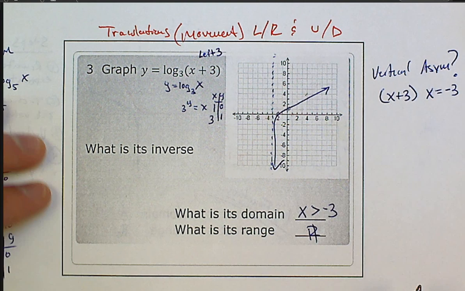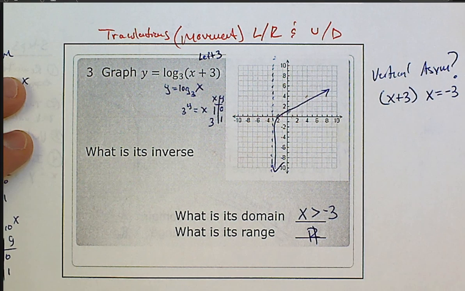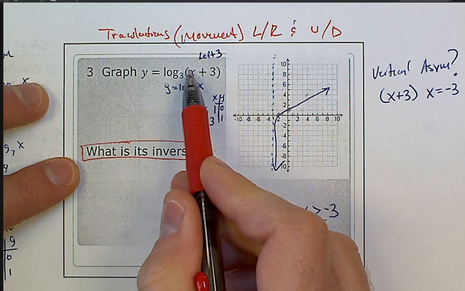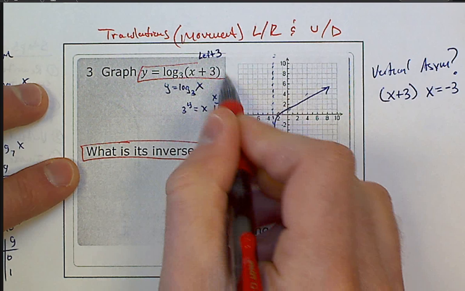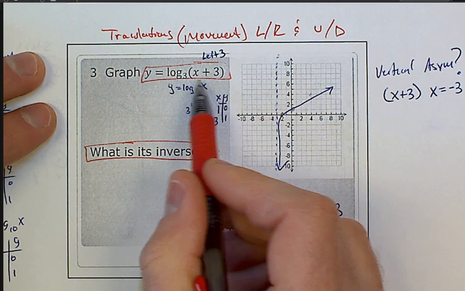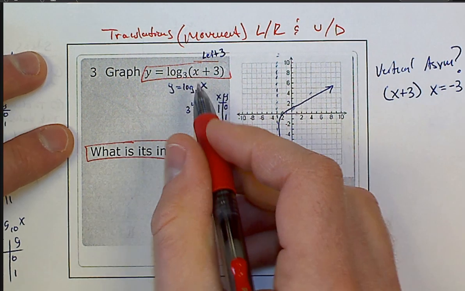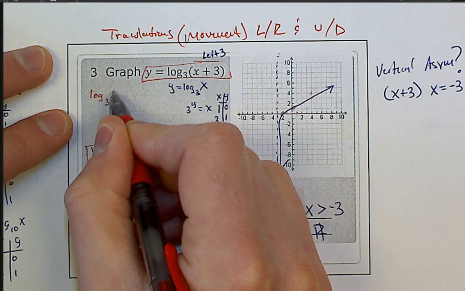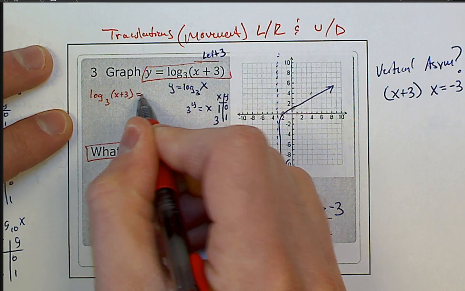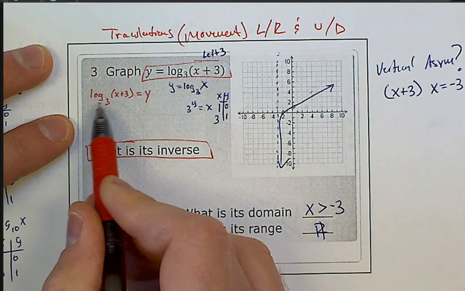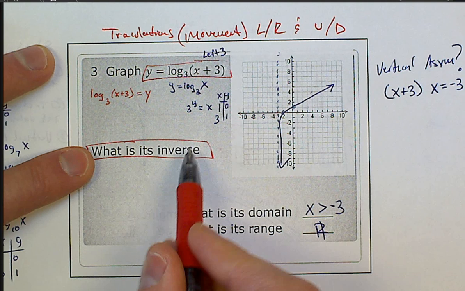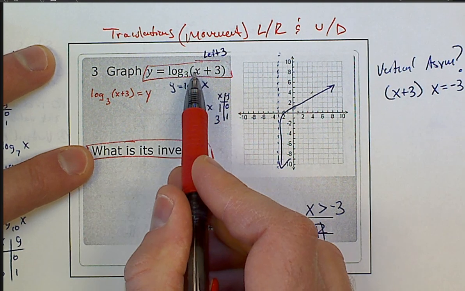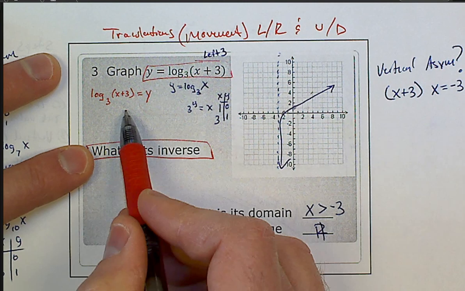Okay? Now, writing its inverse. This gets a little tricky. So if you take this original equation here and we change that into exponent form, what would that look like? Well, if you went log base 3 of x plus 3 and set it equal to y, I'm not writing the inverse, I'm converting this original equation into exponential form.